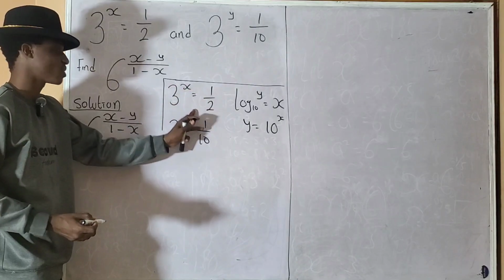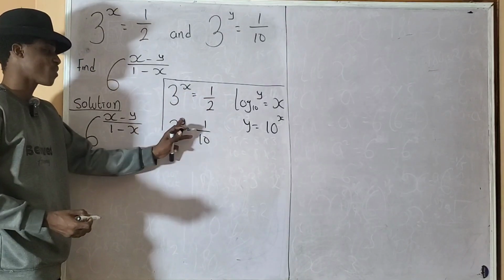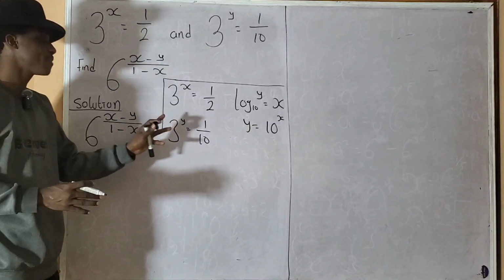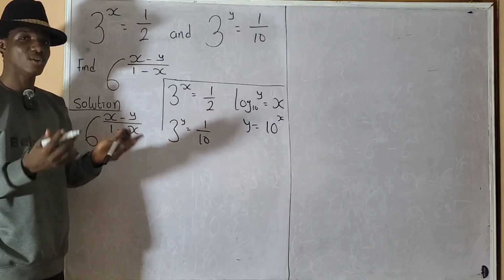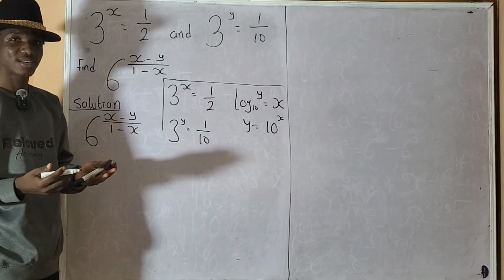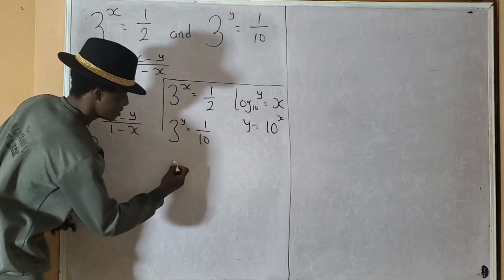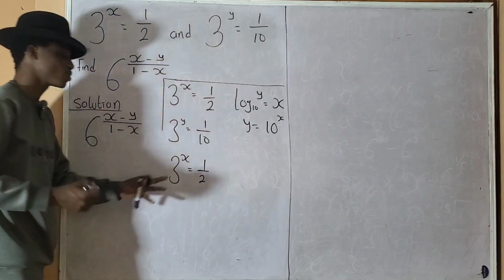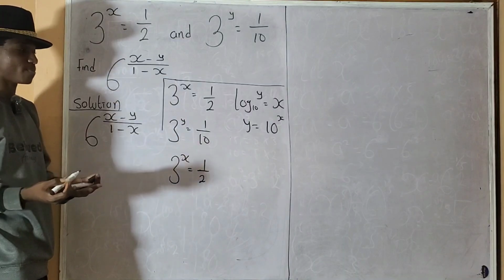Both 3 raised to the power of x equals 1 over 2 and 3 raised to the power of y equals 1 over 10 are in index form. So you have to rewrite them in logarithmic form. If you want to write 3 raised to the power of x equals 1 over 2 in logarithmic form, what will it become?